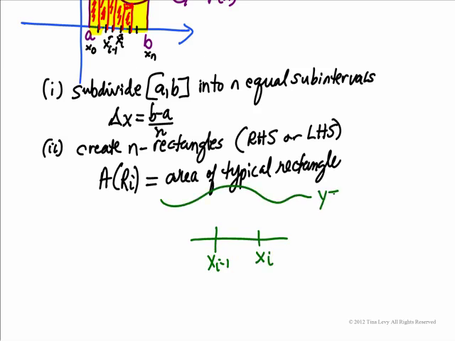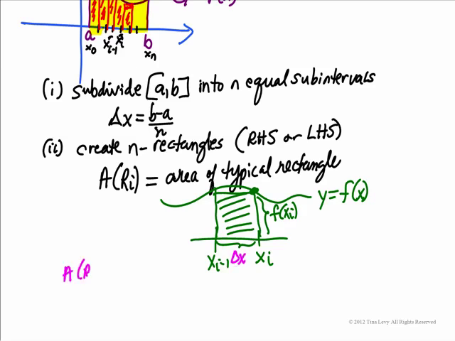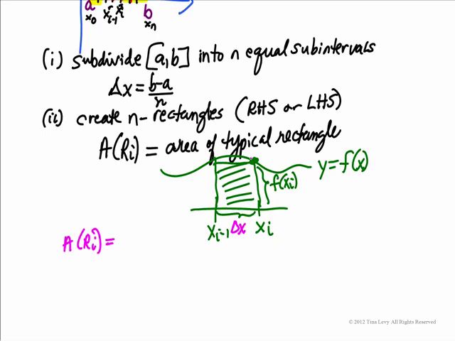We have the function y equals f of x. So the height of the rectangle is the height of the right-hand endpoint, which is f of x sub i. And the width right here is delta x. So the area of that typical rectangle is the height, f of x sub i, times the width, which is delta x.